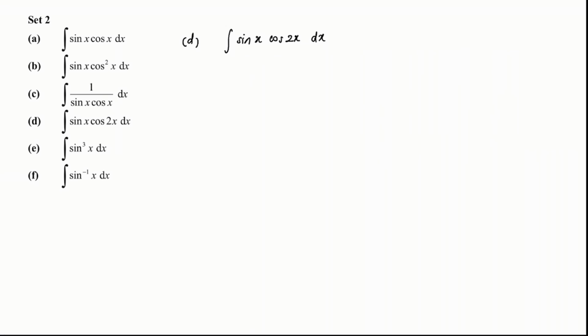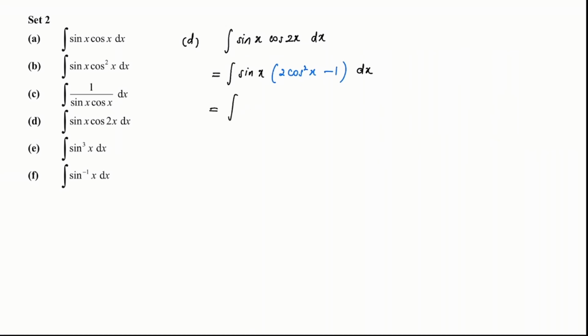So a good way for us to do is to change cosine 2x with the double angle formula to 2 cosine square x minus 1. Okay, up to you if you want to choose the other version. But maybe it's more suitable to do this because when you see this, we got sine x.